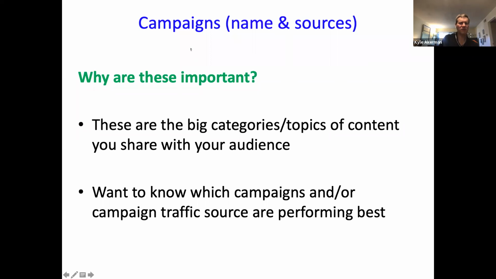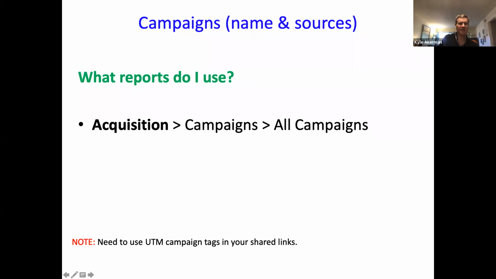Being able to track this is important, because we want to know the big categories and topics of content that are performing best with our audience, and which traffic sources are driving that traffic. You can find campaigns in the Acquisition report, Campaigns, and then All Campaigns. Earlier I mentioned needing to use UTM campaign tags. That's the only way to get this information into Google Analytics.